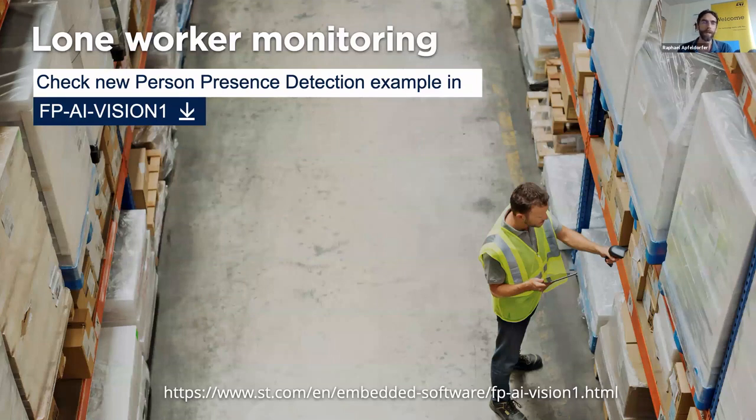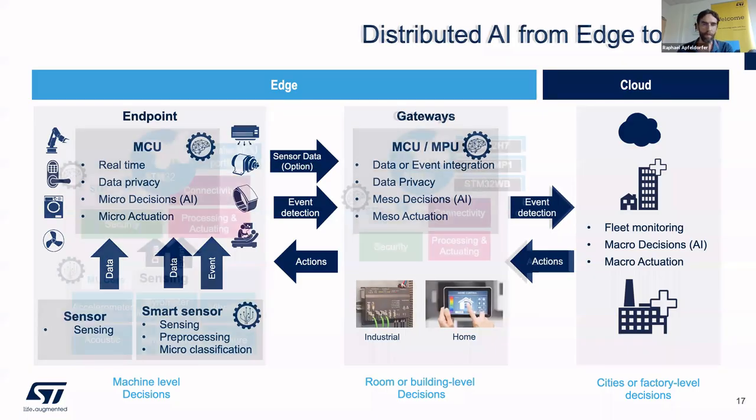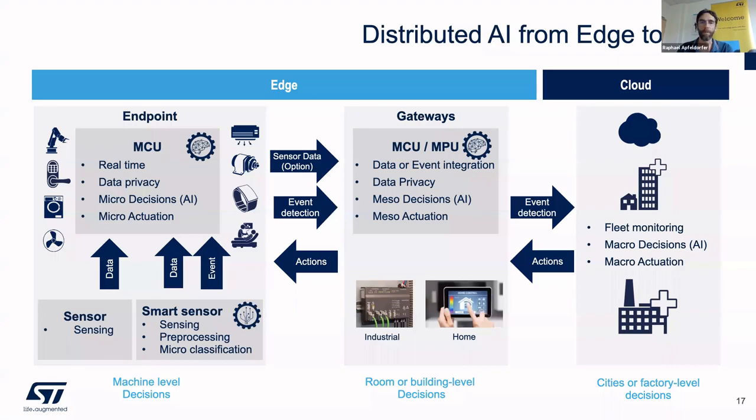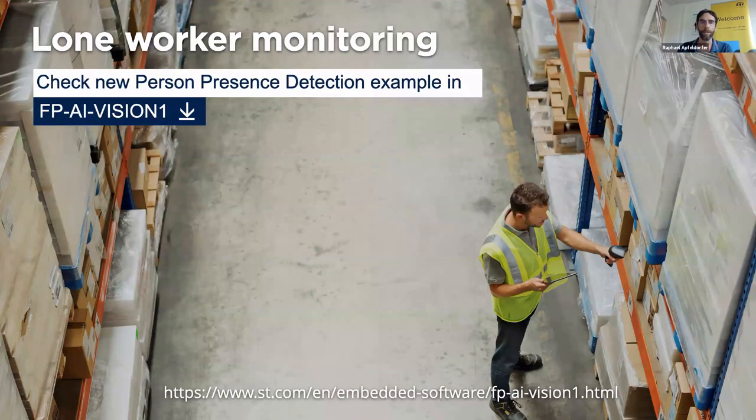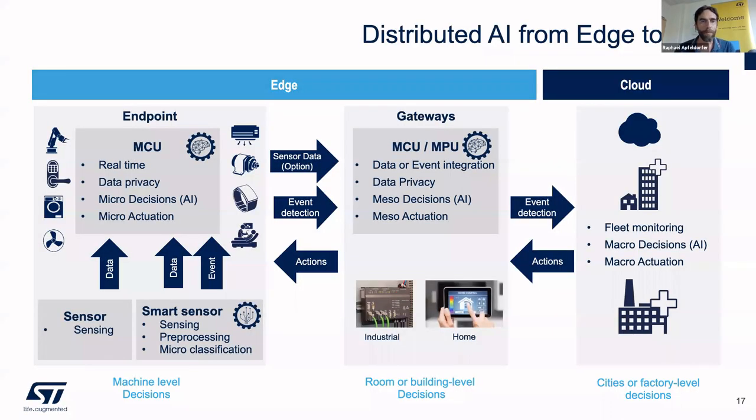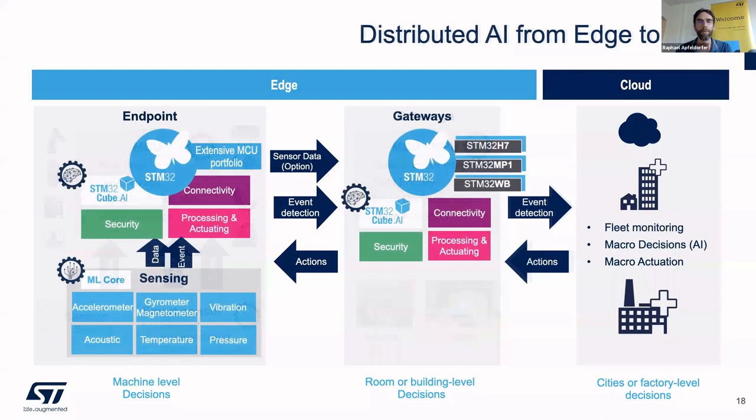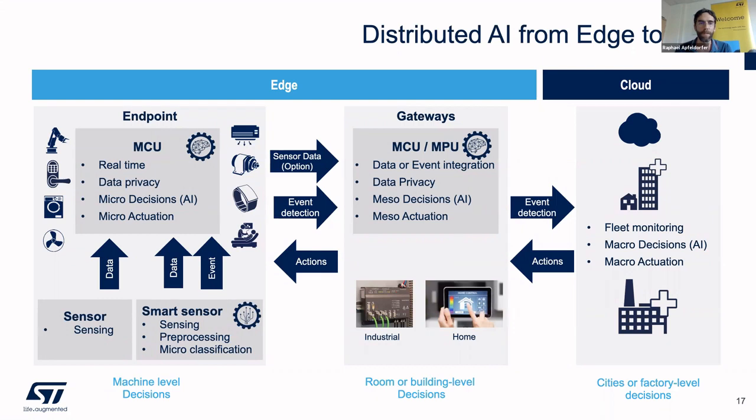So that really is a way to filter this out. We added that example in our FP-AI-VISION1 pack available on the ST website. The use case runs on Cortex-M4 and M7, depending on what level of performance and image classification you want to have.